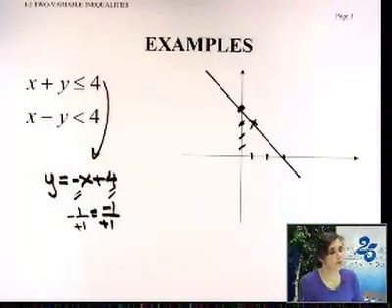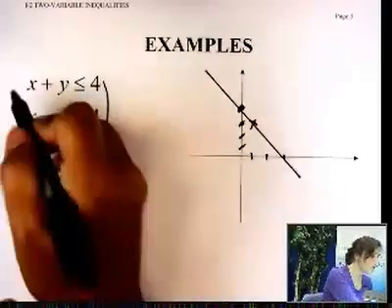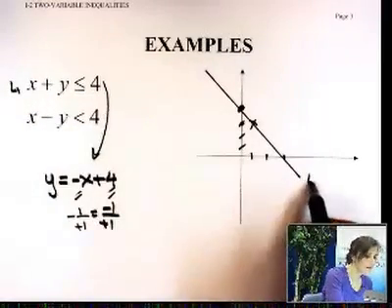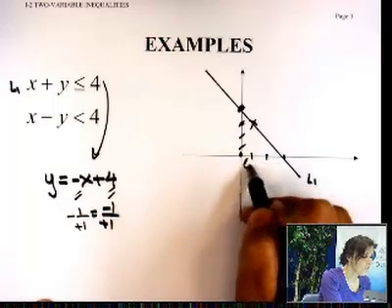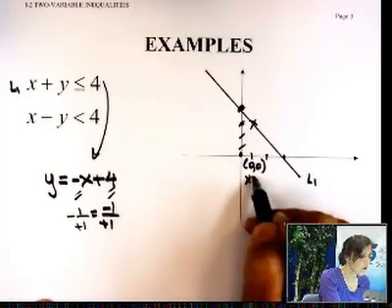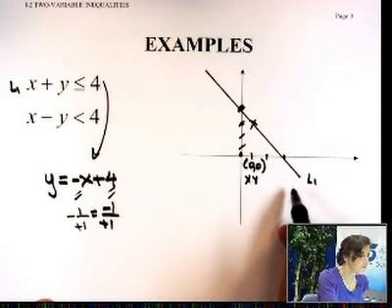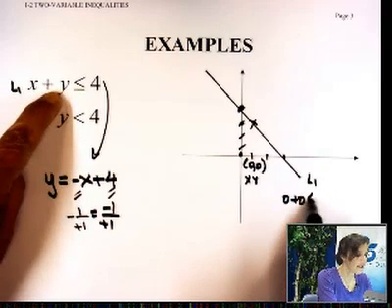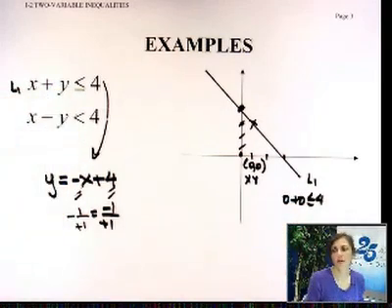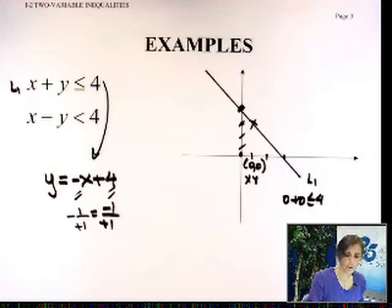Now I'm going to do the shading for this line. Here's L1. Now I'm going to take a test point of 0, 0. That's x, y. Now I'm going to test. So 0 plus 0, is that less than or equal to 4? Yes, it is. So what am I going to do?